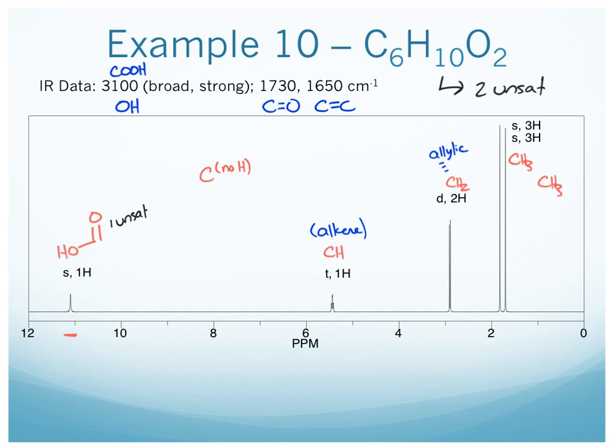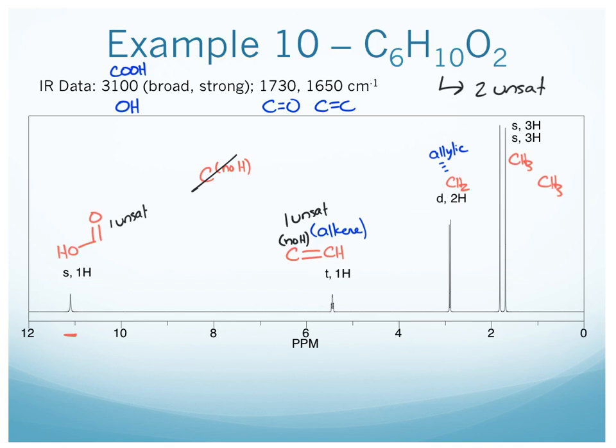But an alkene has 2 carbons. So what I think I have, let's go ahead and do this, but I don't have a signal for any other CHs. So I'm going to use this carbon with no hydrogen as my other alkene carbon, just like that. And this gives me my other unsaturation.